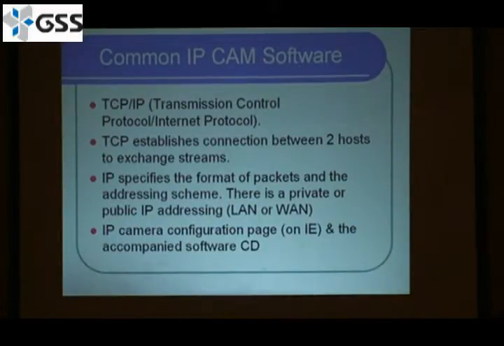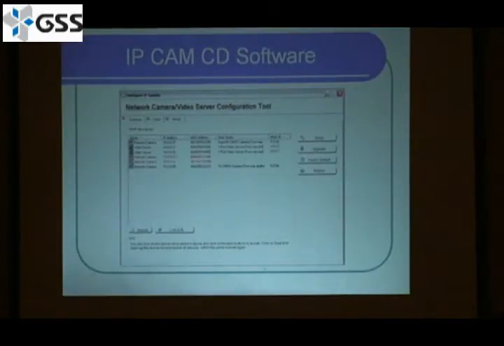And every camera that comes with a CD software, almost all cameras will come with the CD software. This is the software CD that comes with one of the camera lines. So if you install the software CD, then you will open that application, and we will have this screen.